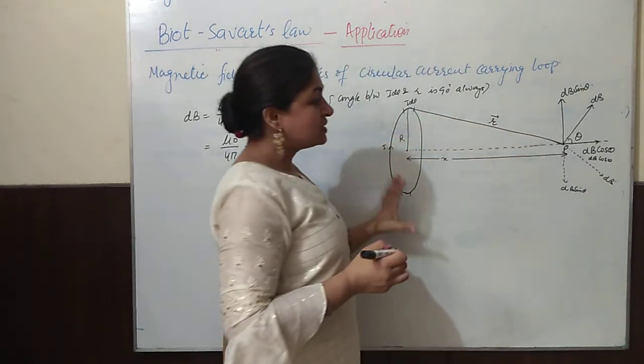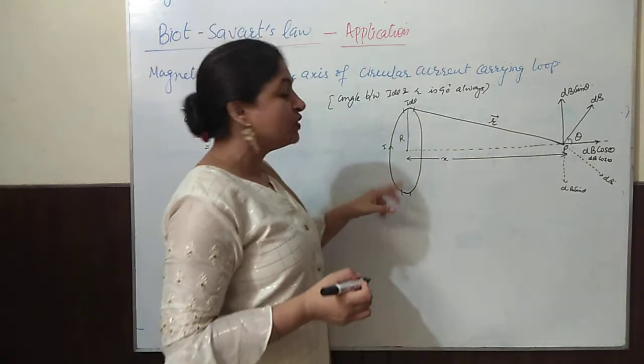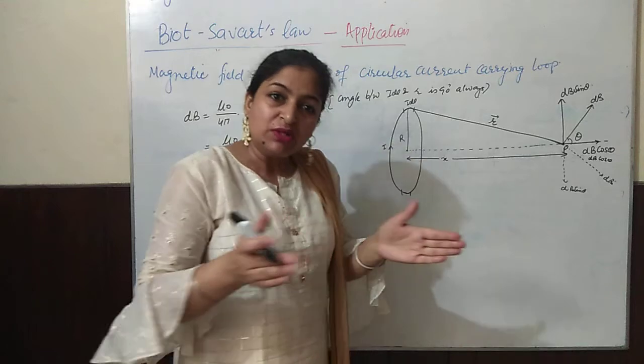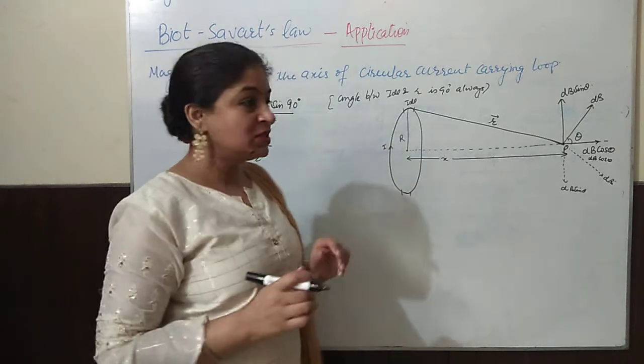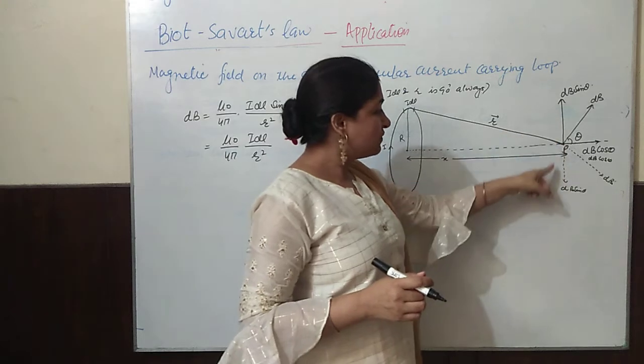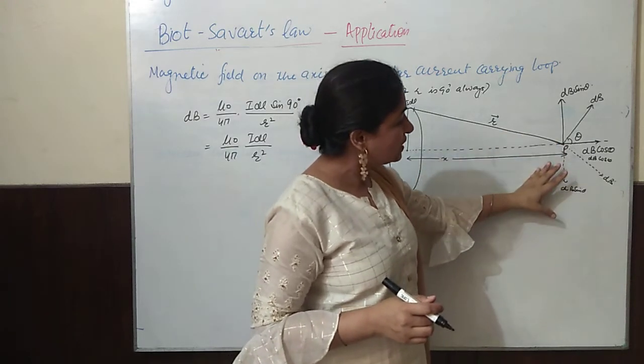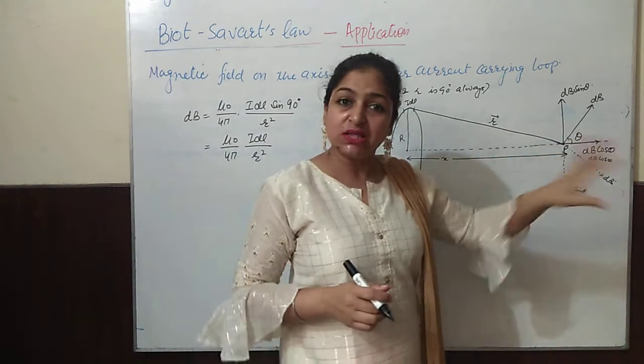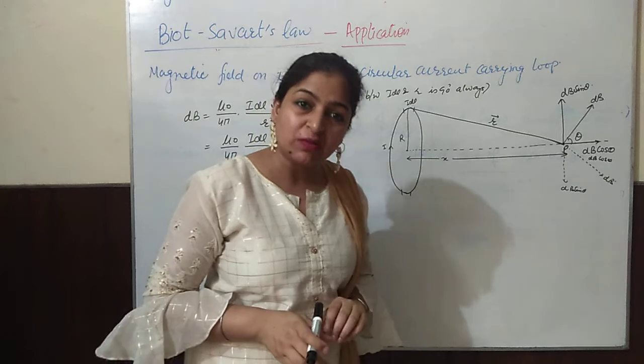Now from this discussion, if we consider two diametrically opposite current elements, then the components of the magnetic field can be resolved in such a way that you can see here the cos theta components are in the same direction.